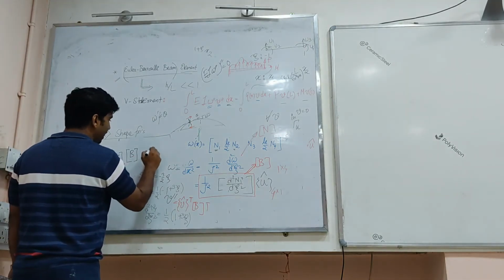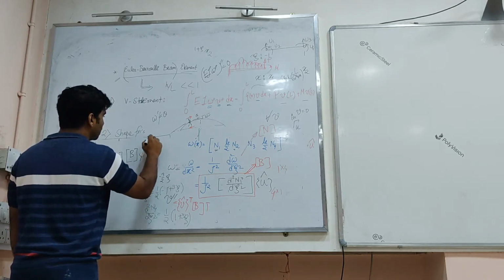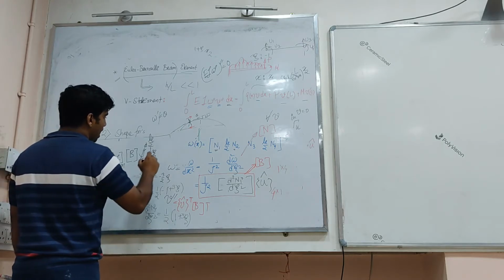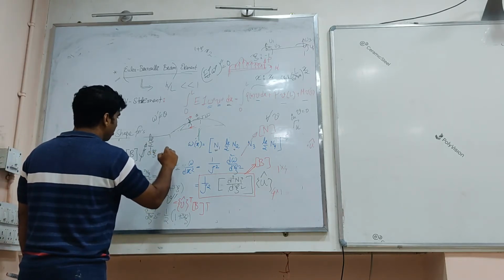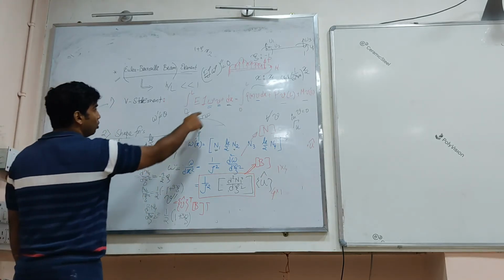It is J times d xi. J of course is LE divided by 2, and this whole thing multiplies u hat. This B times u hat would be the double derivative.